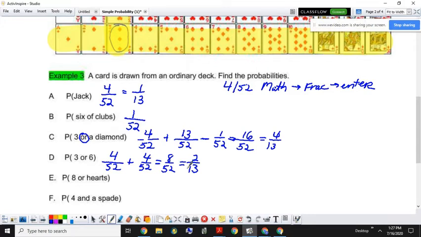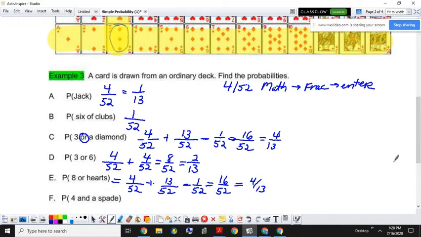Okay, next one, 8 or hearts. Out of 52, once again, there are 4 8s, plus there are 13 hearts, but I counted one twice, so I have to subtract that out. So 16 out of 52, and I'll show you again how I got that, equals 4 out of 13.